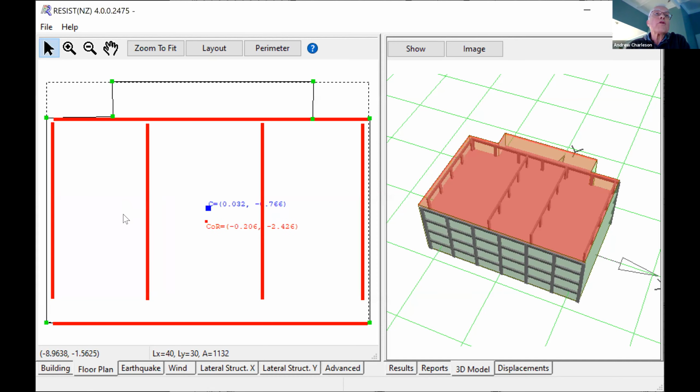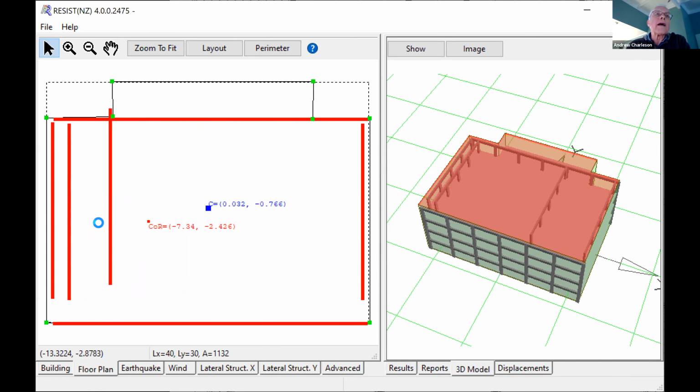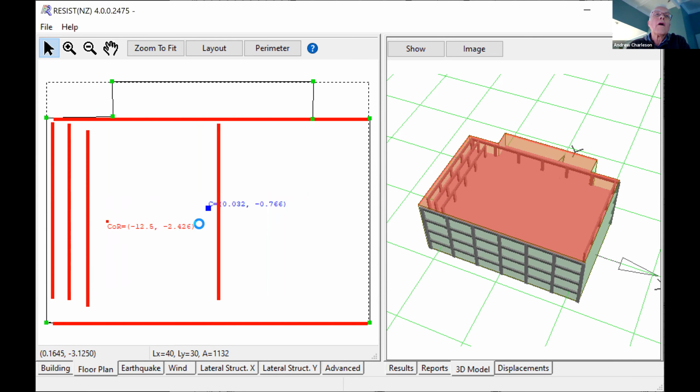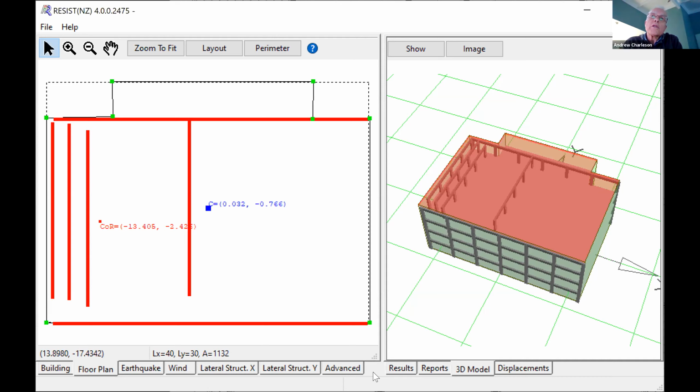Like if I put all my structure down this end of the building, see the center of resistance is moving to the left. And so now I've got a large eccentricity between the center of mass and the center of resistance. That's going to cause severe torsion. And so we want to have our structure more symmetrical. Okay.